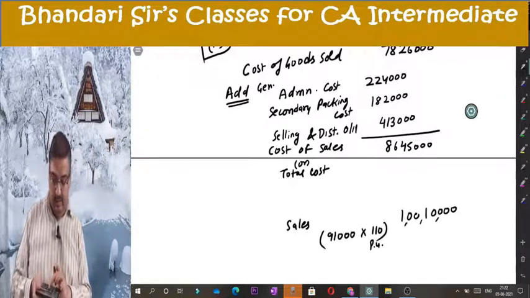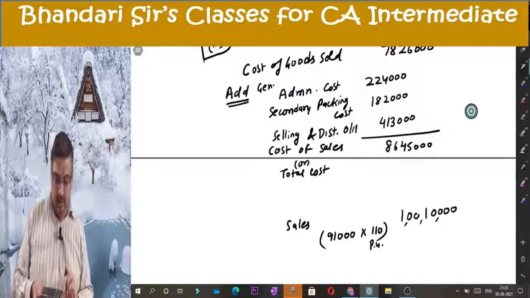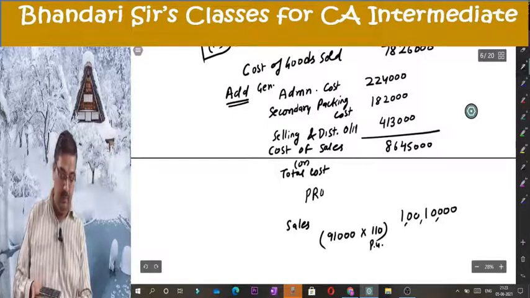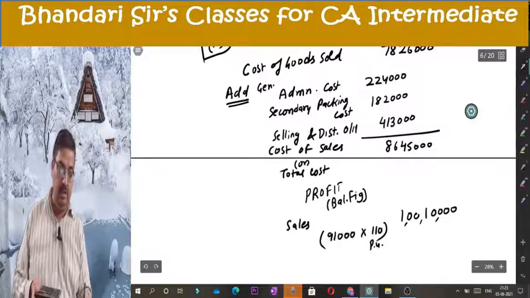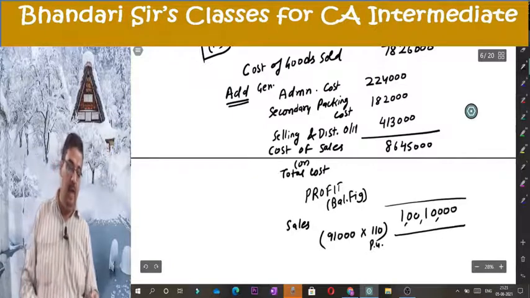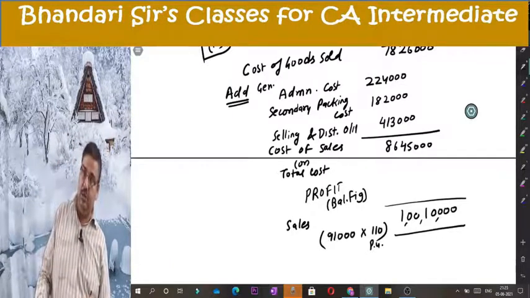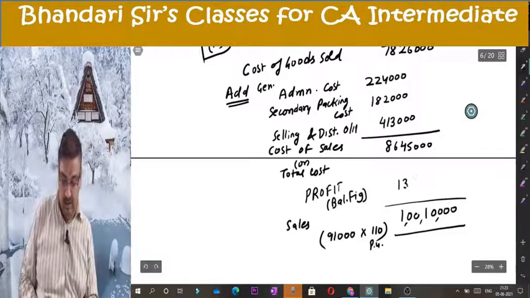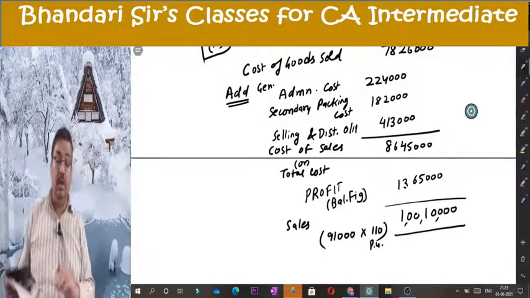Minus 86,45,000. I am getting is profit. This is balancing figure. Sometimes percentage is given. In that case, we add profit and get sales. Here sale is known. So profit I am getting is 13,65,000. This is a complete question.